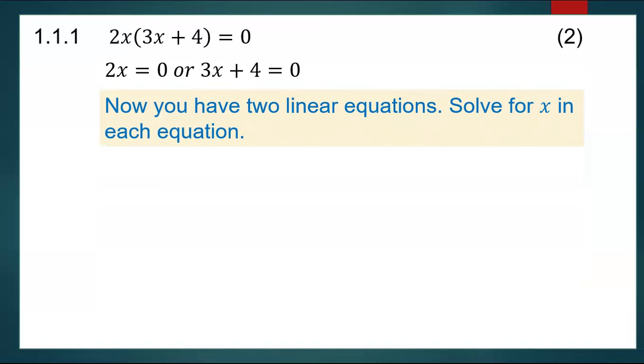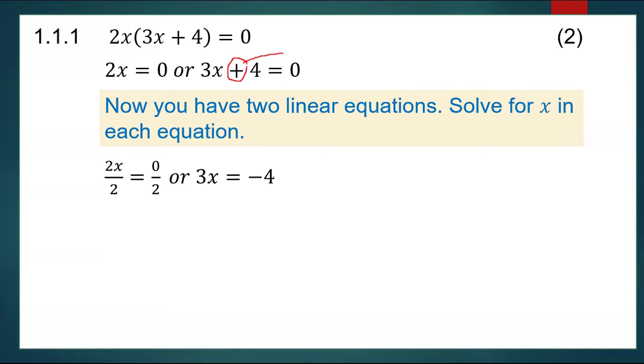For the first one, you will just divide both sides by 2. And for the second one, you transpose 4. That 4, you would have noticed that it was positive. To transpose means to move.